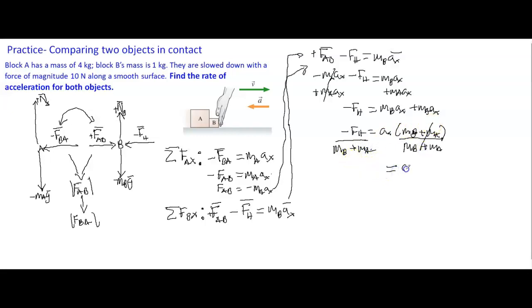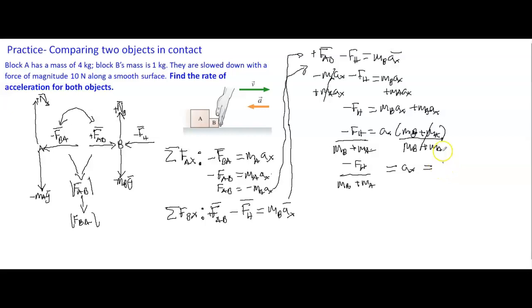What we'll have is the acceleration in the x direction is equal to the hand force over the combined masses of block A and block B. So the acceleration is equal to the hand force divided by the combined masses of both objects. Now we can easily substitute in our values.